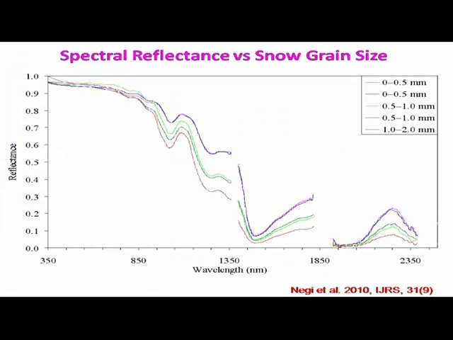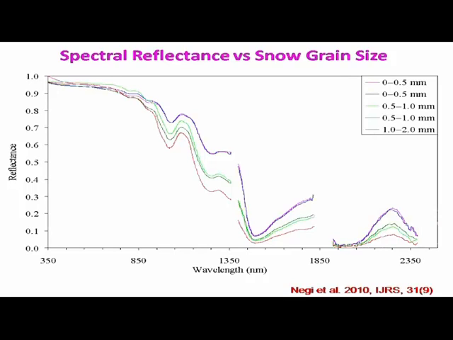So this is the grain size variation. You can see again the experiment conducted by us, how the reflectance decreases in the NIR region with the increase of snow grain size.